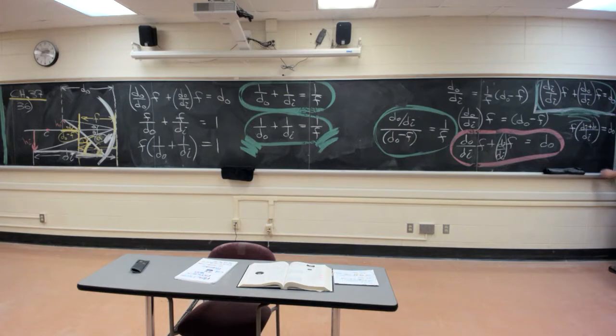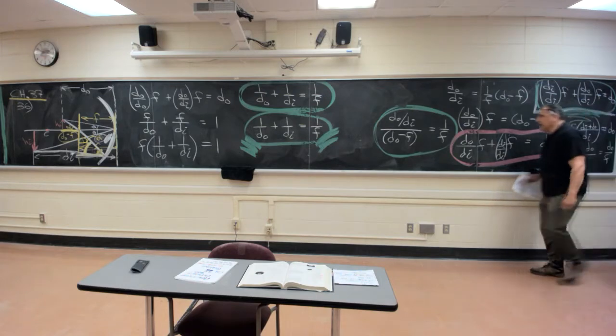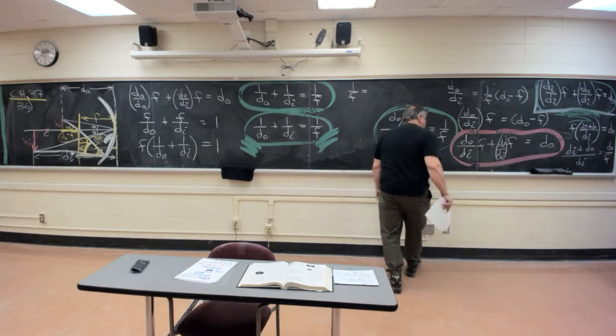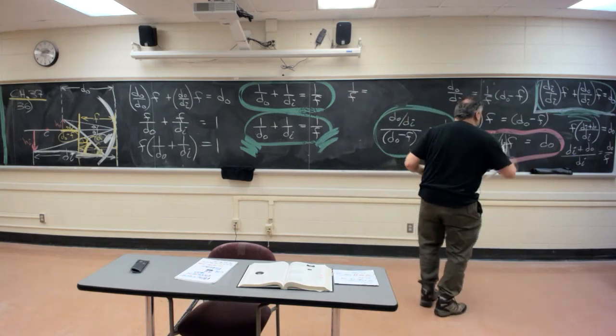Divide by F on each side, and you end up getting DI plus DO over DI equals DO over F. Divide by DO on each side, you got 1 over F.